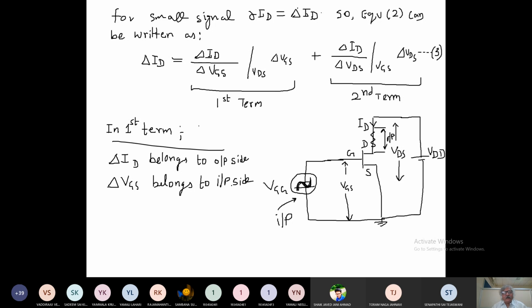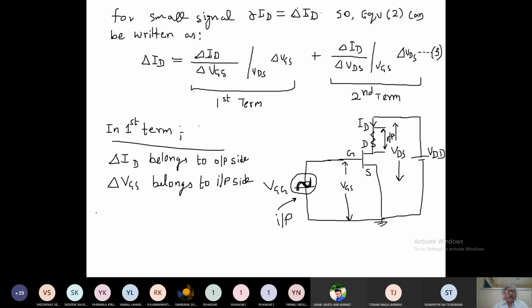These two variables, a small change in ID due to the corresponding small change in VGS, where the change in ID belongs to the output section and the change in VGS belongs to the input section, have a mutual relationship between them.